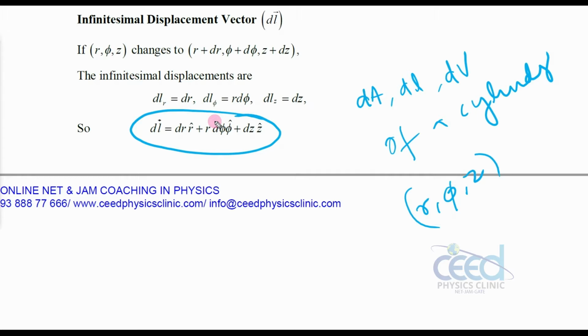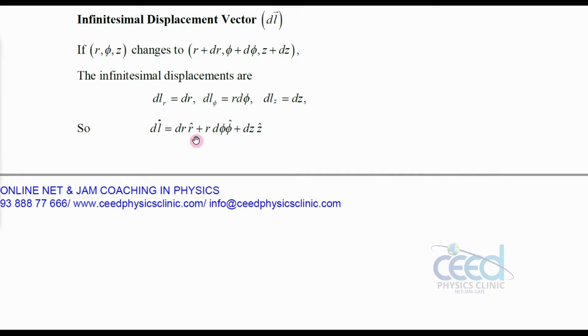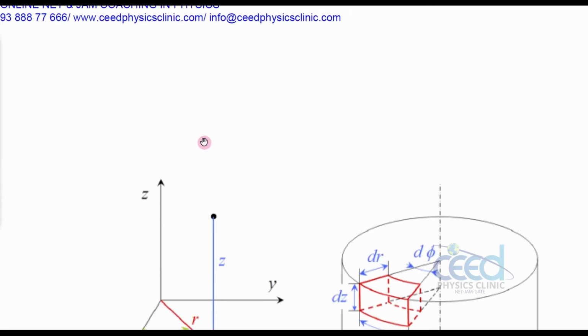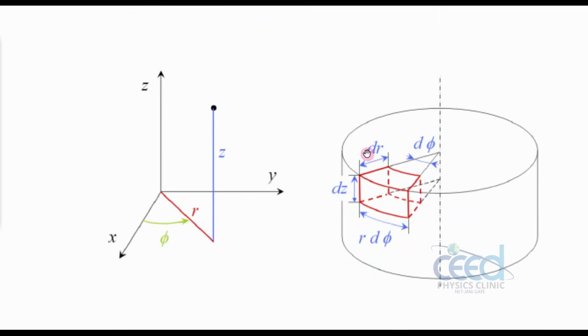Before discussing, we can come to a figure. So how can we derive the length element of a cylinder? That we are going to check. Here I have given a cylinder, and this is the representation of cylindrical coordinates.